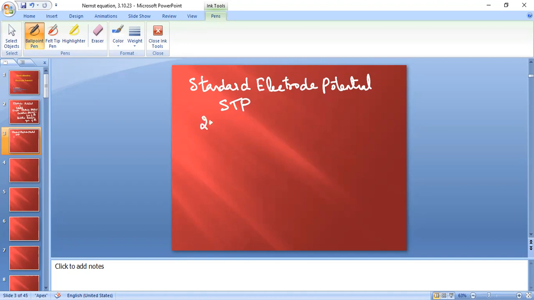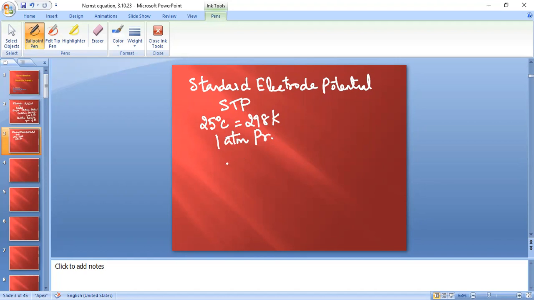That is, you have to maintain the temperature at 25 degrees Celsius, which is equal to 298 Kelvin, and the pressure at 1 atmosphere. So when you carry out the reaction at 25 degrees Celsius and 1 atmosphere pressure, and measure the capacity of an electrode to lose or gain electrons, that is known as its standard electrode potential.